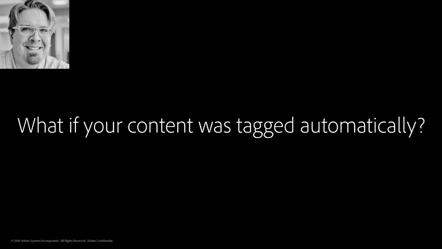What if it was just happening automatically and we can teach it and it can learn over time that, hey, this tag wasn't exactly appropriate, but we're going to actually tell you about that, Sensei, and you're no longer going to apply that particular tag to content like this. What if that all happened automatically behind the scenes and super fast in order to enrich the content without human intervention?